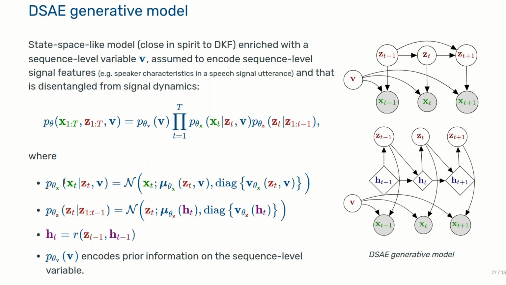Of course, all these distributions are chosen to be normal distributions, and their parameters are encoded by different networks. In the case of the parameters of X, there is no need for a recurrency because it depends only on ZT and V. In the case of Z, because it has to take into account all the previous Zs, it is implemented through a recurrency that is denoted here by HT.